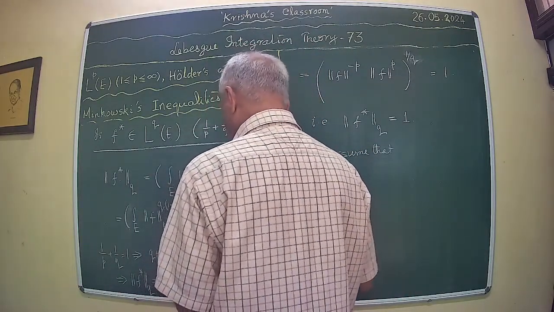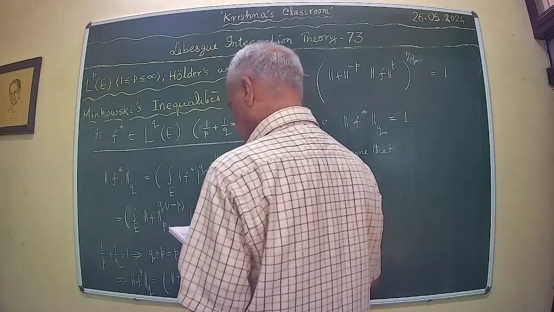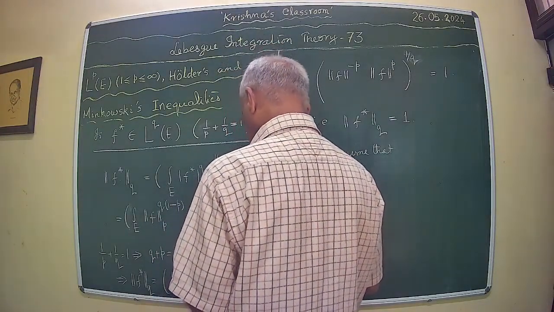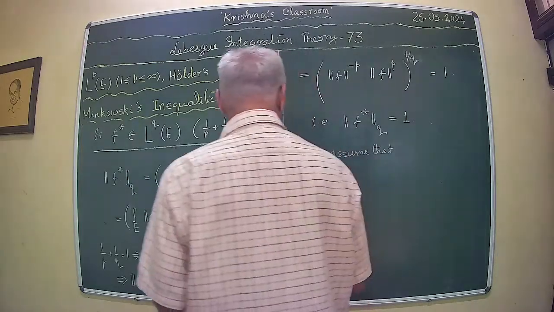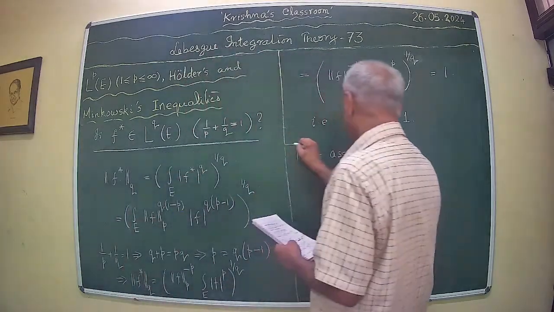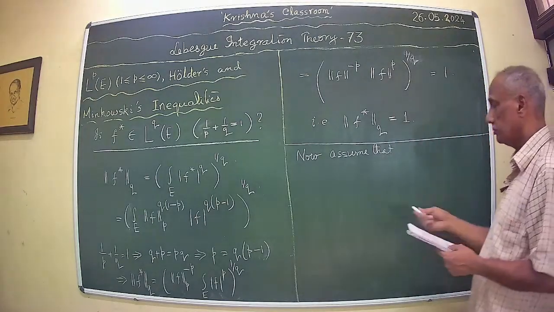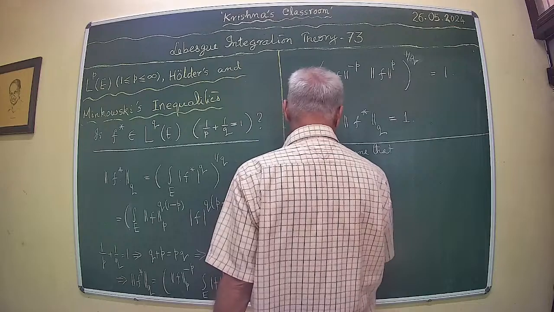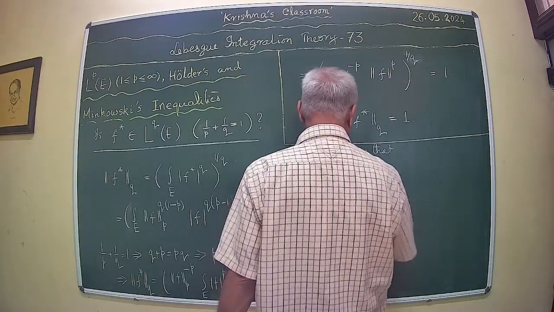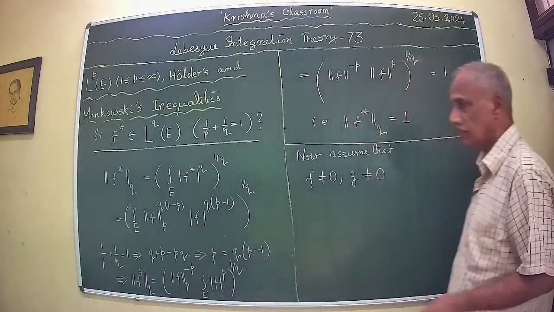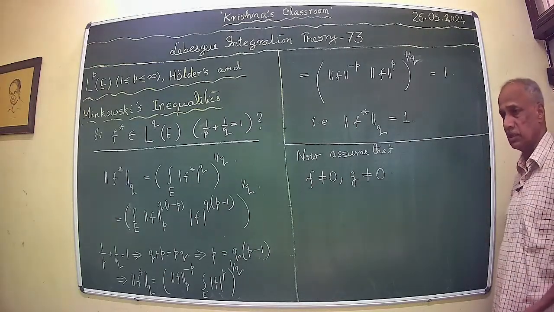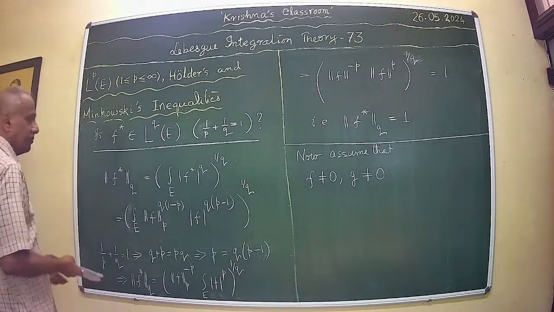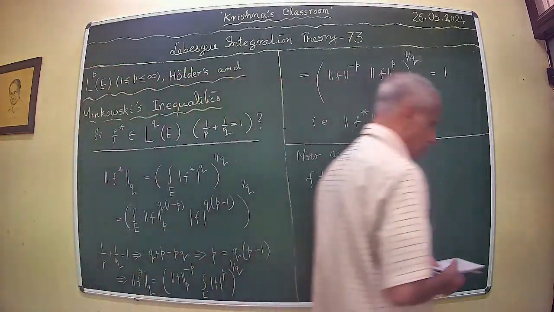Okay, what did we assume? Yeah, we have already verified. Now we assume that this is true. f is not equal to 0, g is not equal to 0; both these functions do not represent the zero element, and therefore are in LP and LQ respectively.